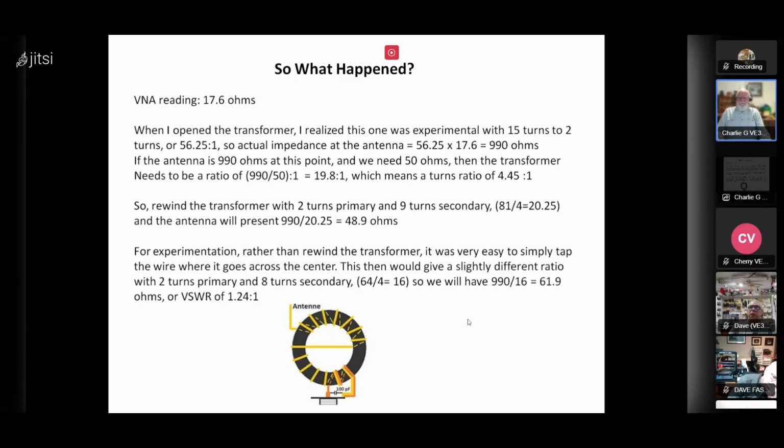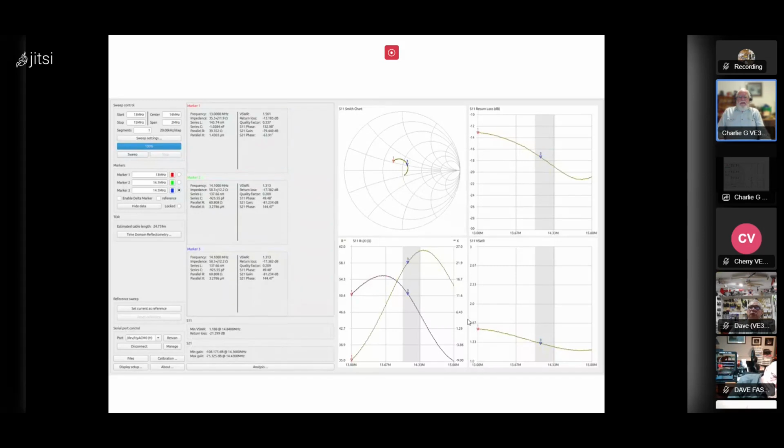And then when I did the measurement a few days ago to take this picture to show you the wonderful results, I didn't get the wonderful results I'd hoped to get. Things had changed a little bit.